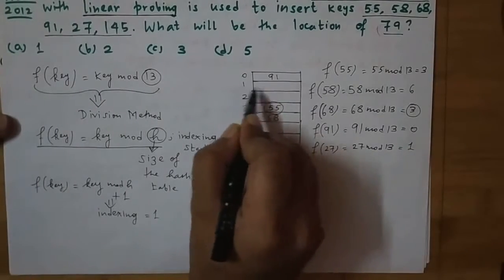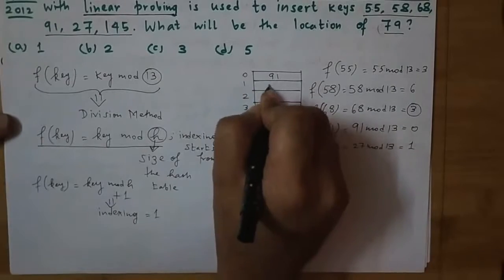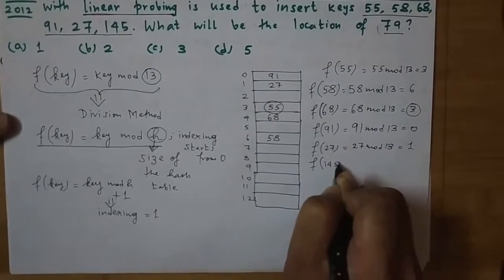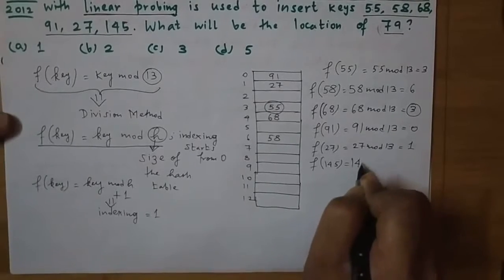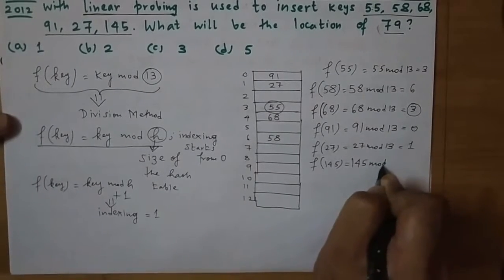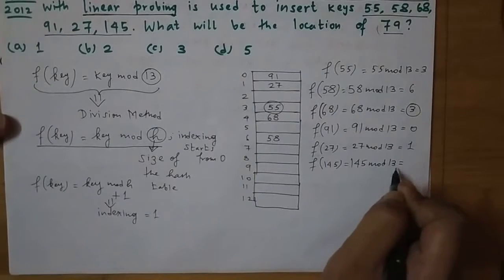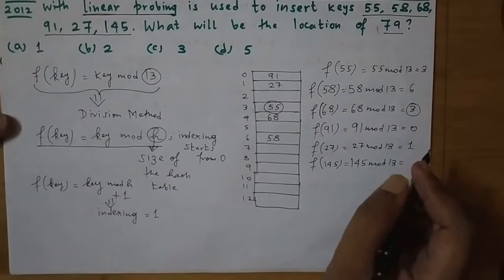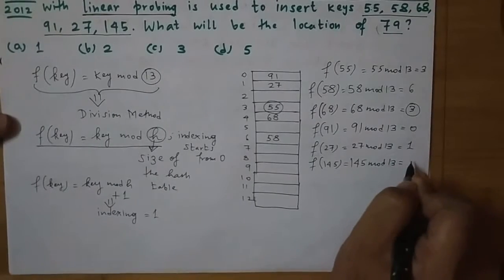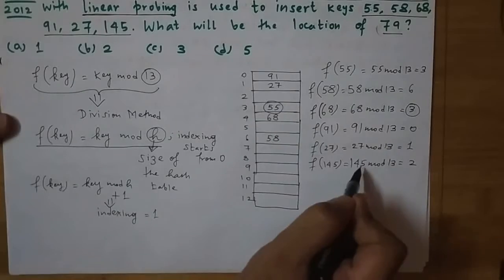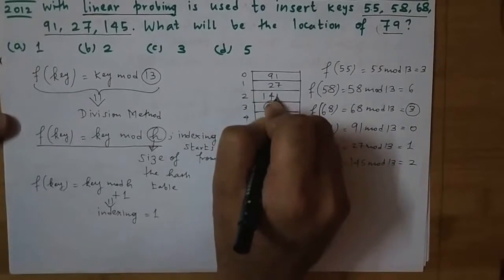Slot 1 is empty, so 27 can go and sit there. Next we have f of 145. 145 mod 13: 13 goes into 145 11 times and leaves a remainder of 2. Slot 2 is empty, so 145 can go and sit there.